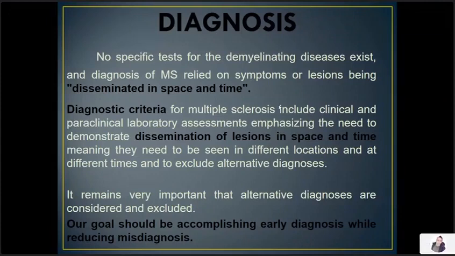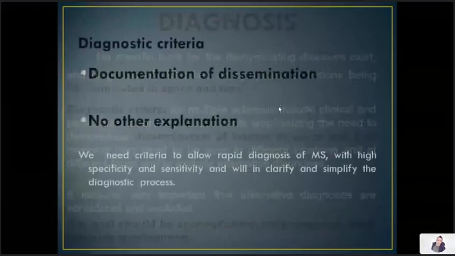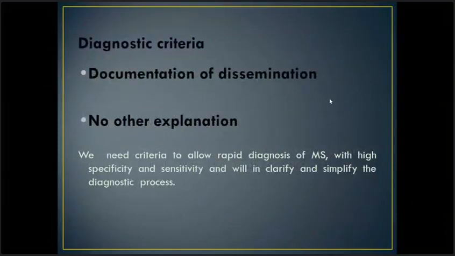ماشي. So we need a criteria to document dissemination in time and place, and no other explanation. Exclude other possibility, because there is no specific investigation.